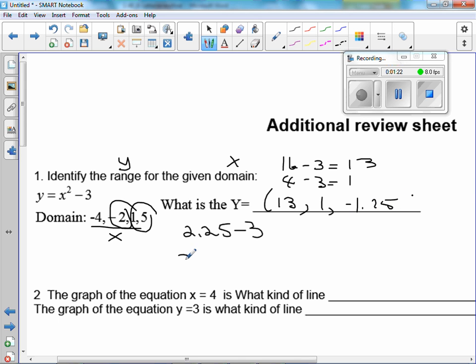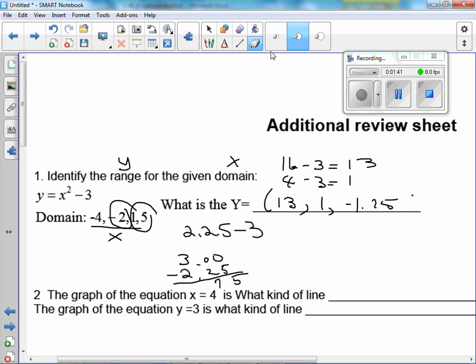So if I subtract 3.00 minus 2.25, once I subtract that, you get just 0.75 as the answer. And that would be a negative because this was a positive and the 3 was a negative. So that would give you a negative 0.75.